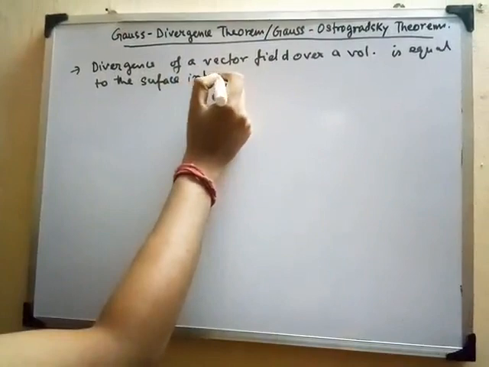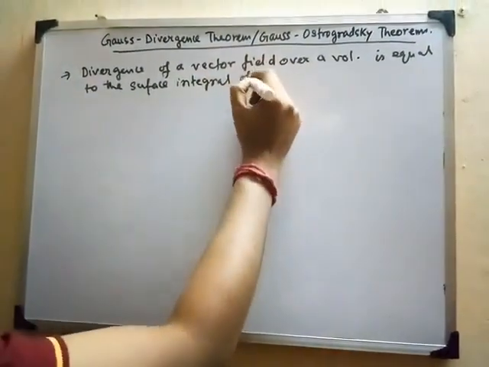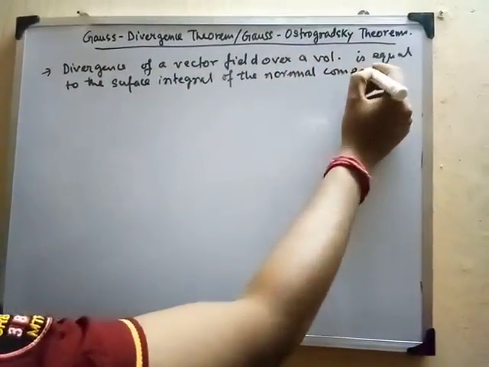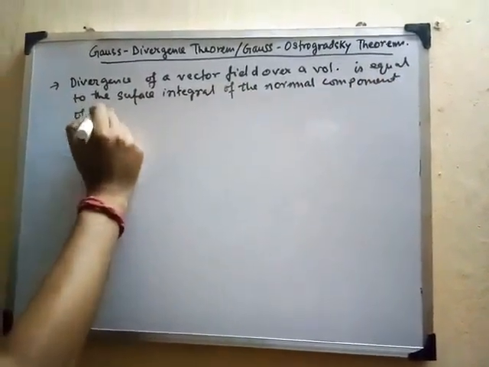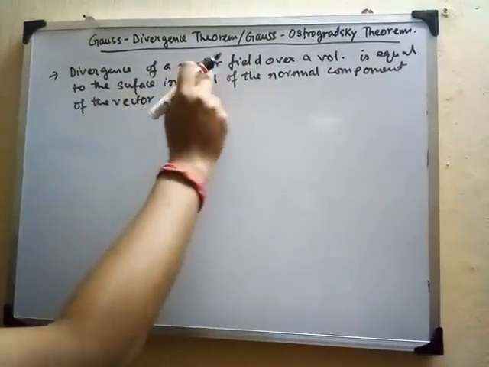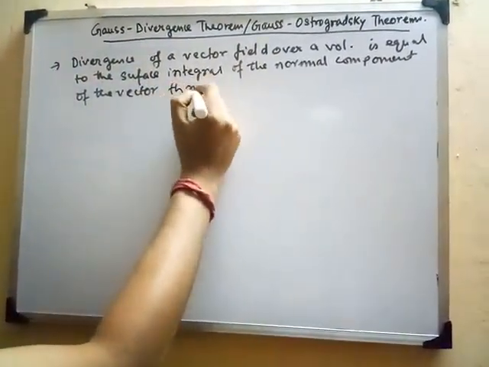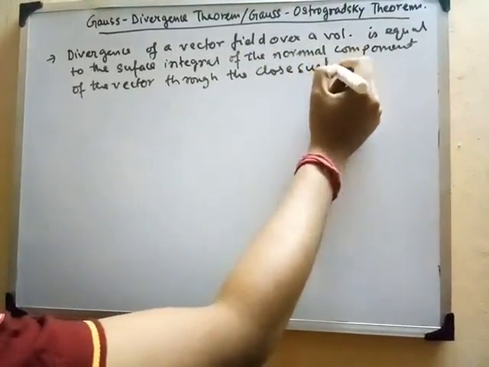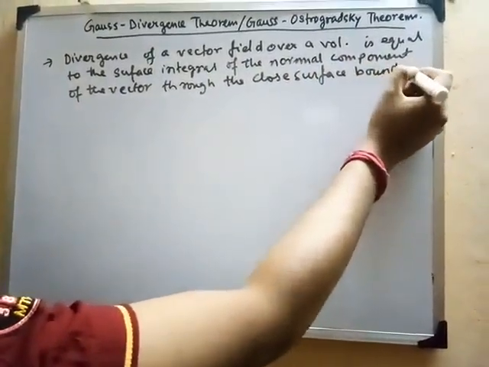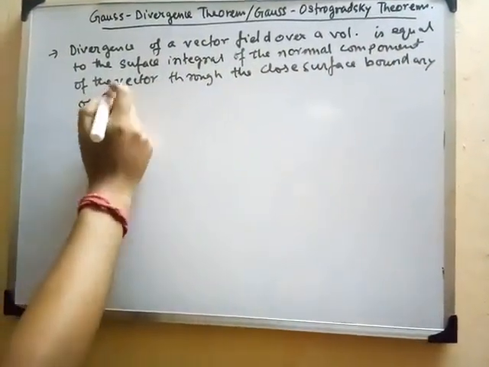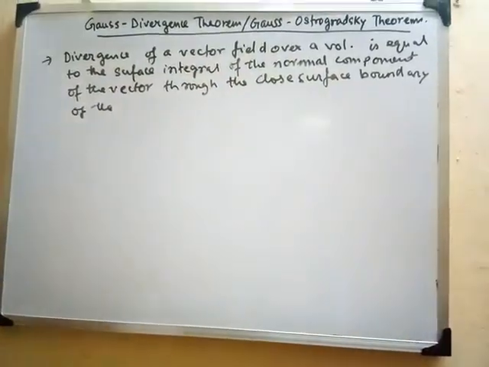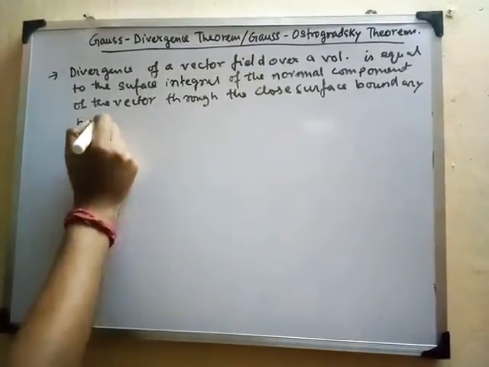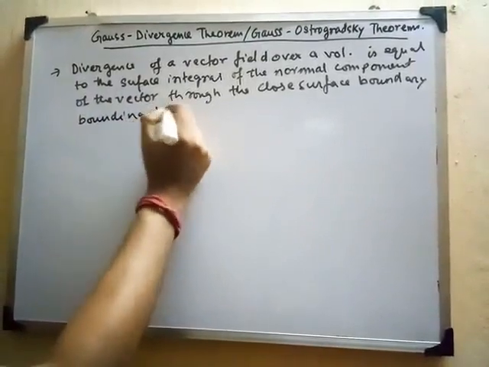So it is equal to the surface integral of the normal component of the vector, that is the vector field, through the closed surface boundary, or rather we will say through the surface boundary bounding the volume.